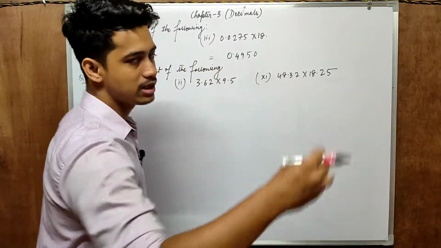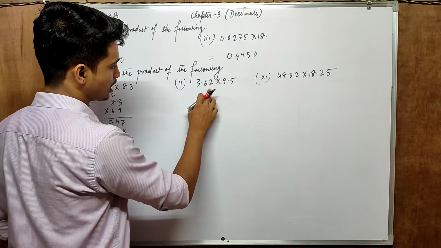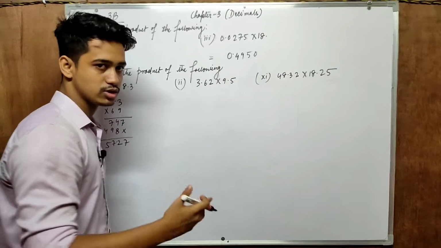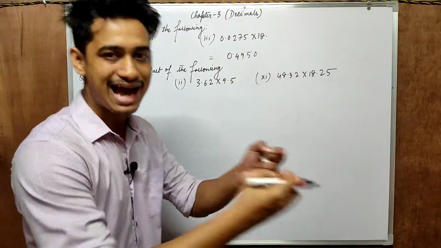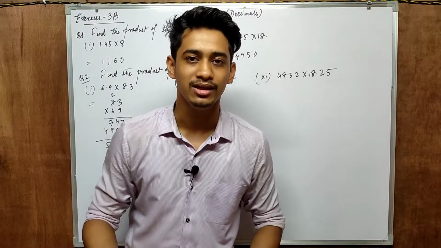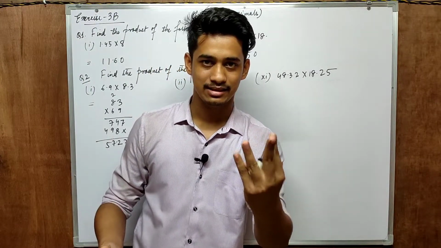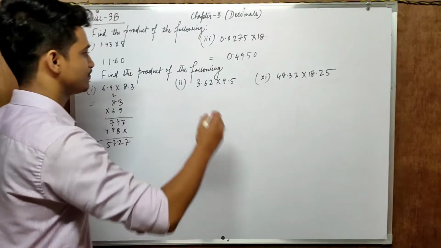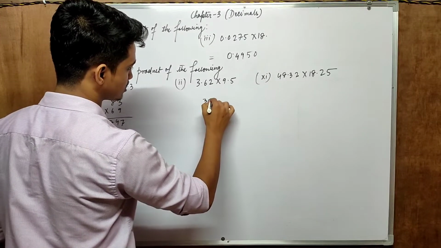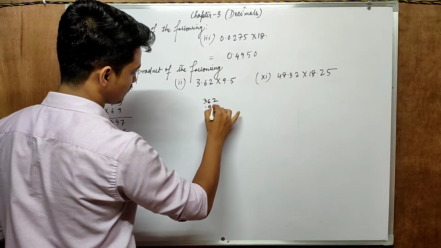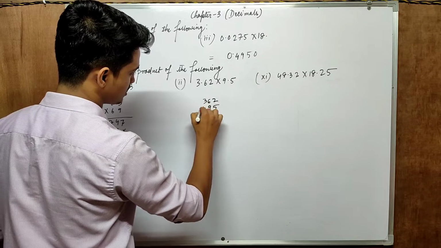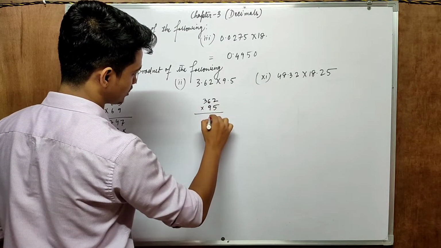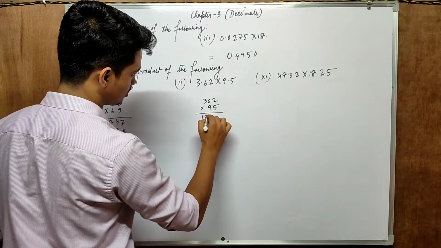Let's move on to the next question. The same process will repeat once again, right? After the point how many digits? 2. After the point how many digits? 1. So 2 plus 1 will be 3. So in the answer there have to be 3 digits after the decimal. That's it. Now multiply it, 362 and 95. Multiply 5 into 2, 10, 1 carry, 31, 3, 18, right?